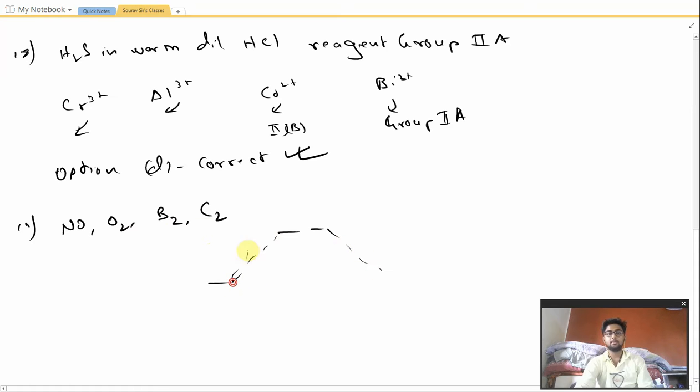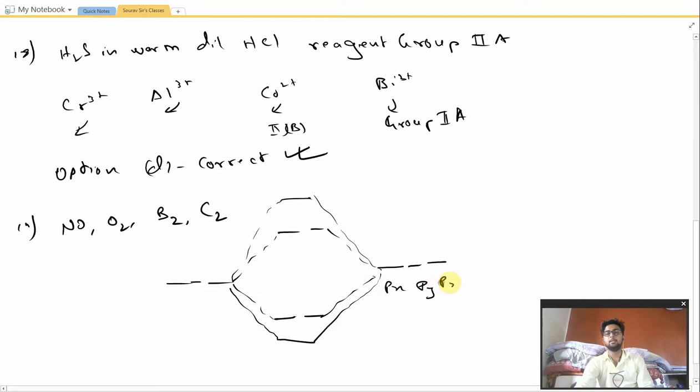Here would be 1, here would be these 2, and here would be 1. These are the px, py, pz for the 2 atoms that are attached.